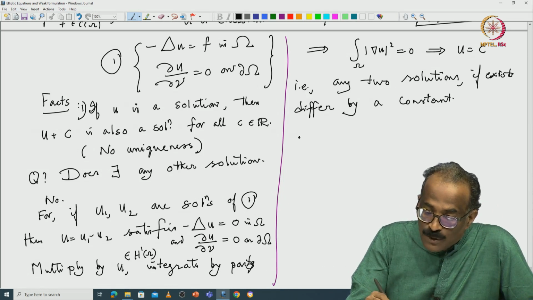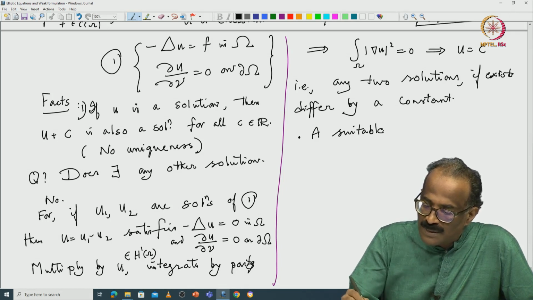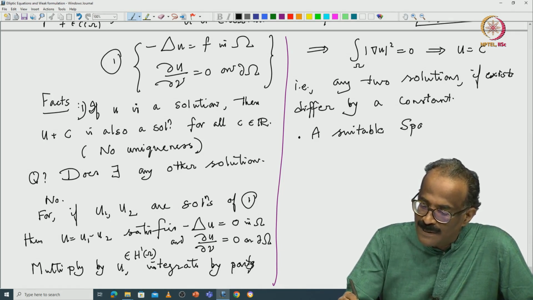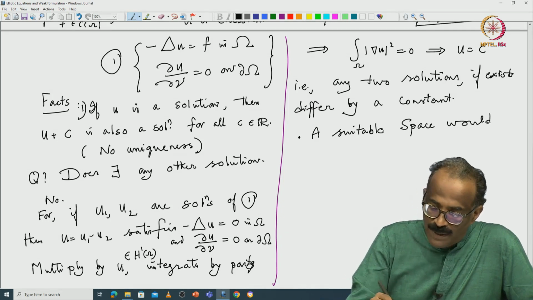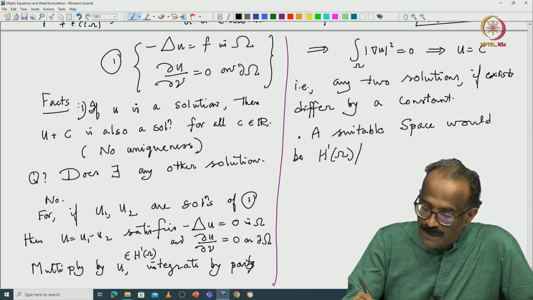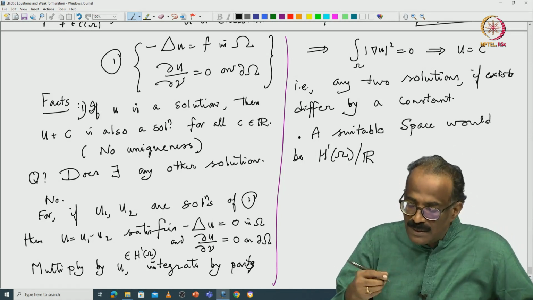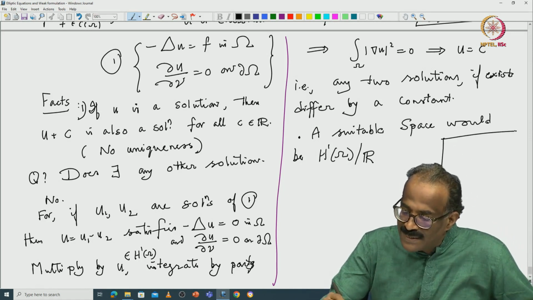Therefore, a suitable space would be, we will come back more to it, the quotient space, we have discussed this, H1 of omega modulo R. Okay.